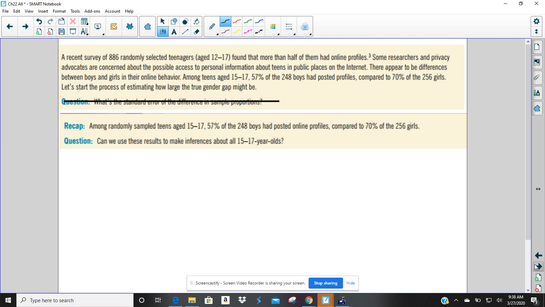So let's go through the assumptions and conditions. We have to talk about whether it's random. Let me see whether we have it here anywhere. Randomly selected. There it is right there. So the first thing I'm going to say is that it's a random sample. Independent groups.